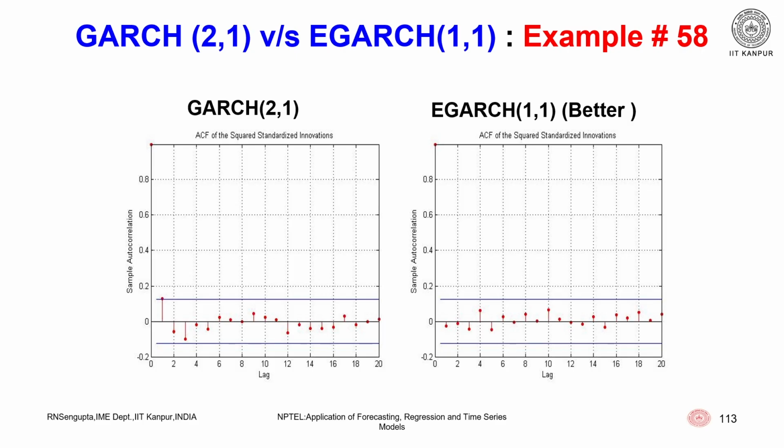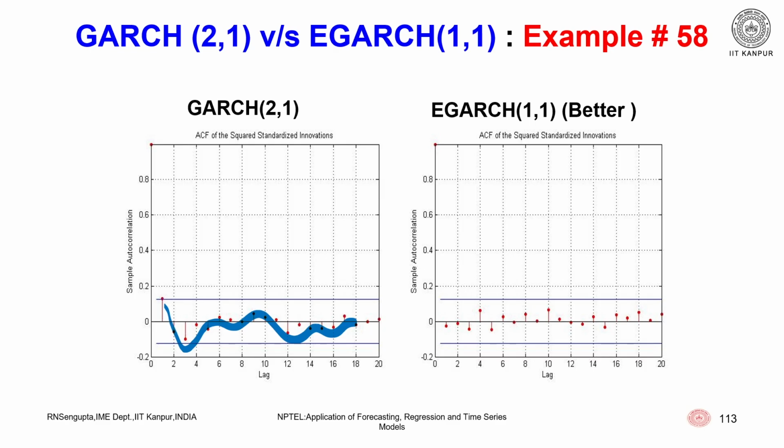If I consider a data set, I am just giving the results. Whatever data set you have, especially the Bajaj data in the Excel sheet, or the DAX data in the Excel sheet, all will give you similar results if you run them. For GARCH(2,1) with P2 Q1, and EGARCH(1,1), if we consider the squared standardized error for both of them, the EGARCH method is much better, because the squared error limits are much better.